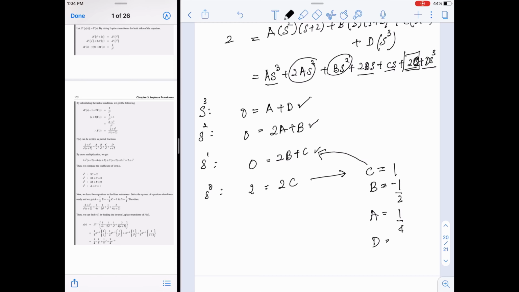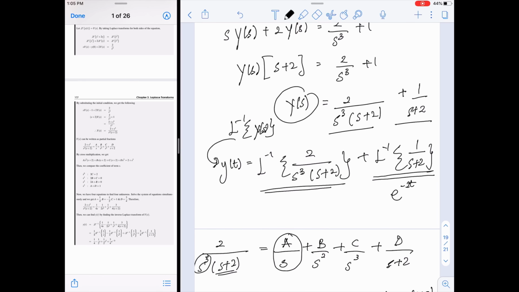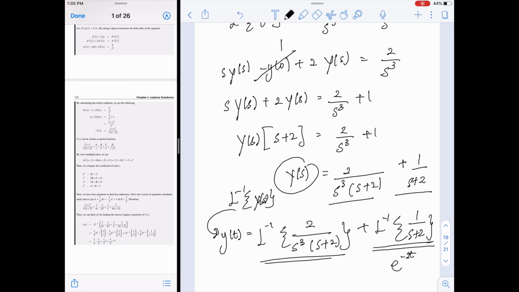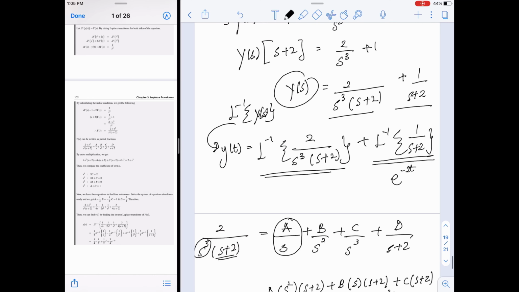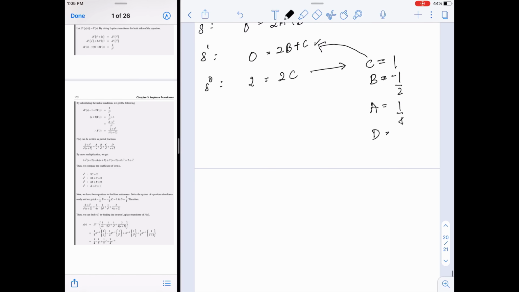You have to check back which one is wrong. Okay, look here, class. What you will get is D is negative 1 over 4.